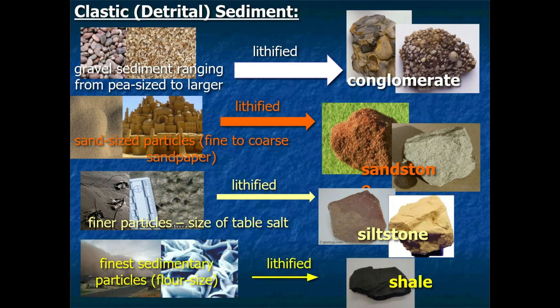And so from a textural standpoint, that's how sedimentologists identify the detrital part of sedimentary rocks. So for this class, you should be very familiar with what a conglomerate, sandstone, siltstone, and shale represent, and certainly be able to classify them based on the sizes of the grains.